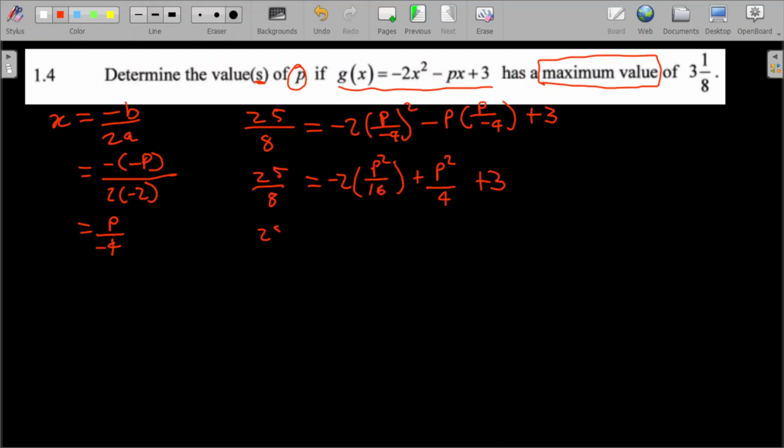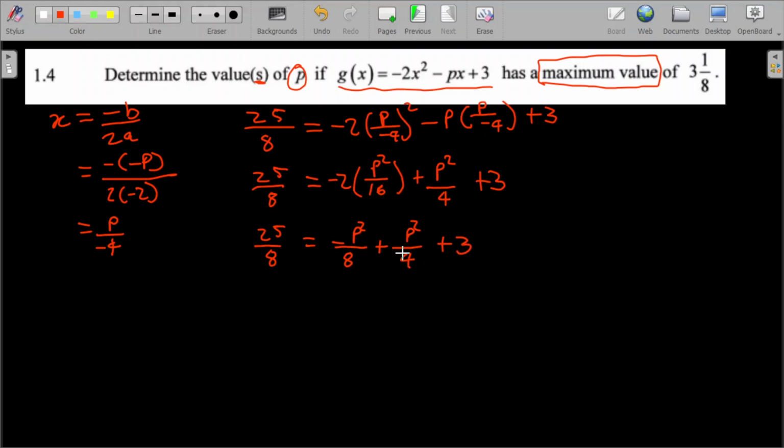Now keeping this, 25 all over 8 is equal to, negative 2 divided by 16 gives me 8, so it's negative p squared all over 8, and then keeping this one as 1 times p squared all over 4 plus 3.